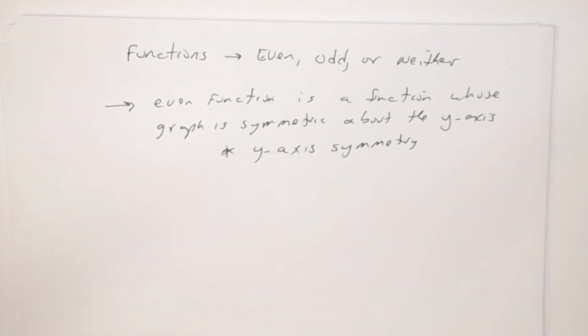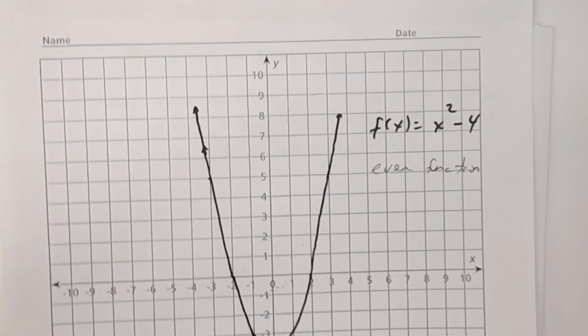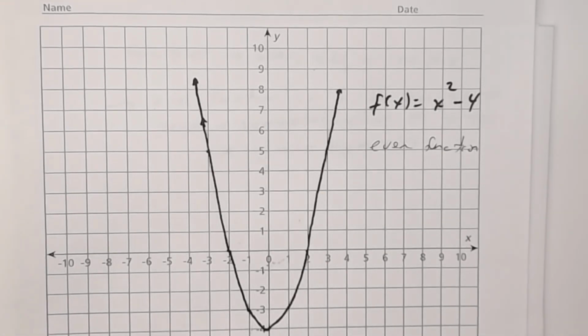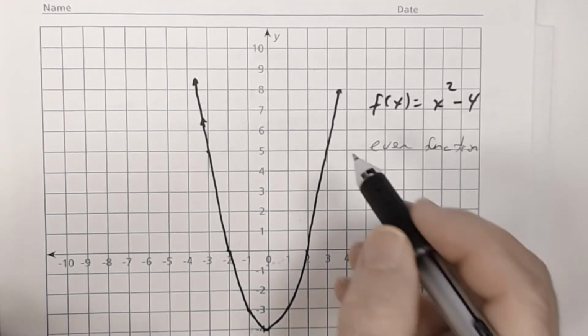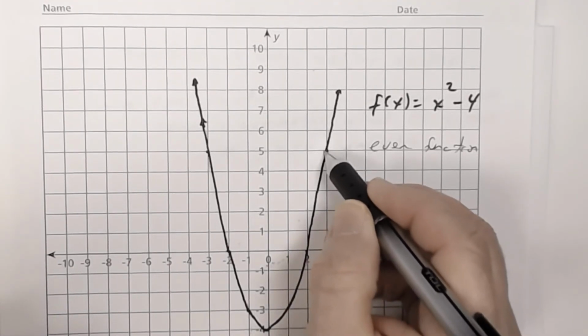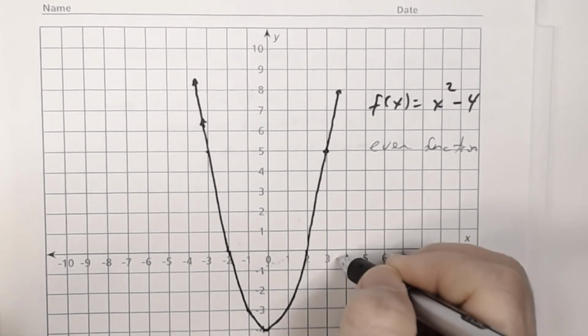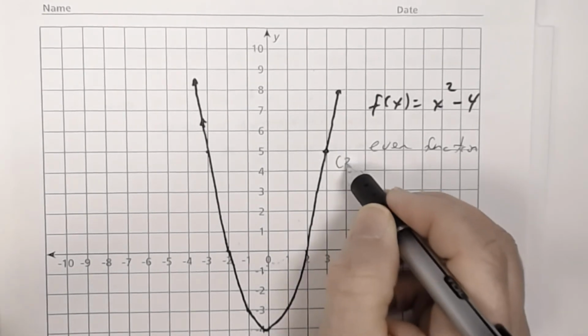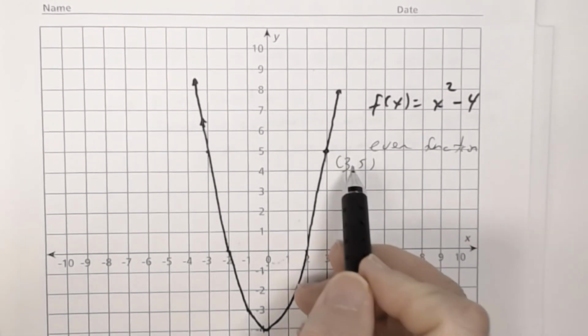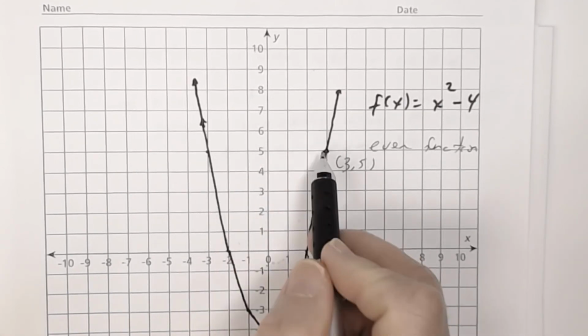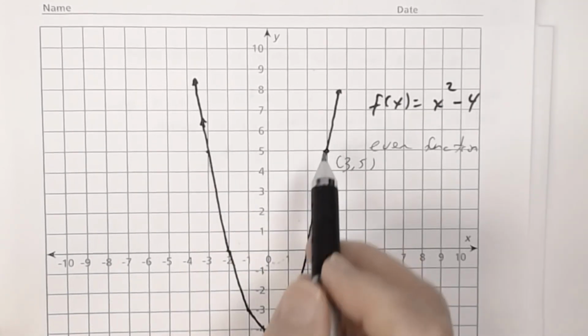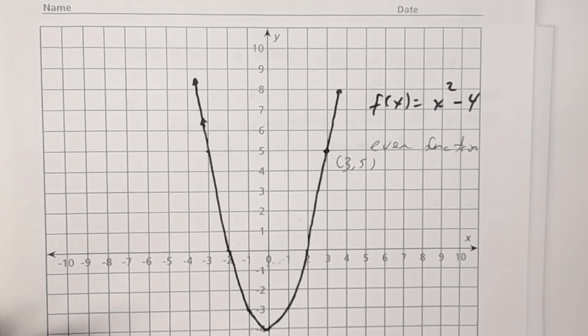What I want to do is also talk about some points. Let's look at some points on this graph. I want to look at this point here, let's say the point 3, 5. If I were to reflect that point about the y-axis, I want you to also look at this.